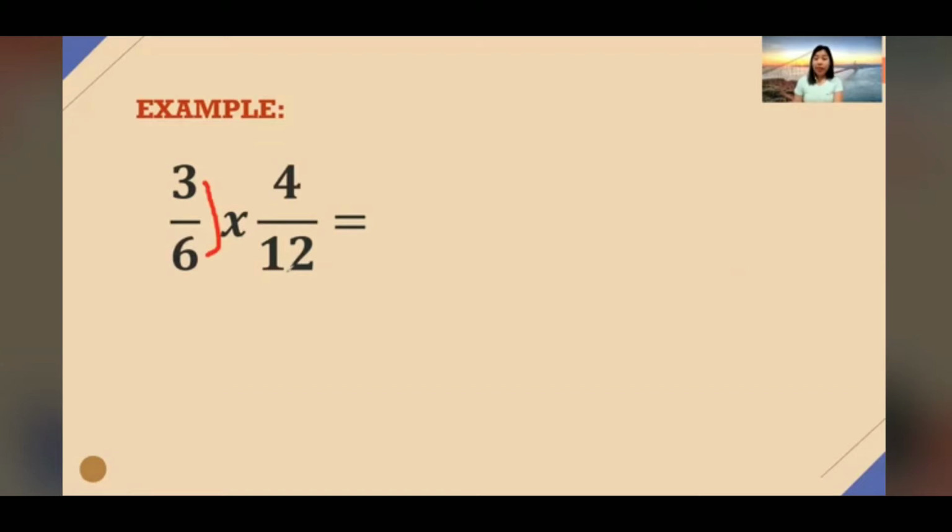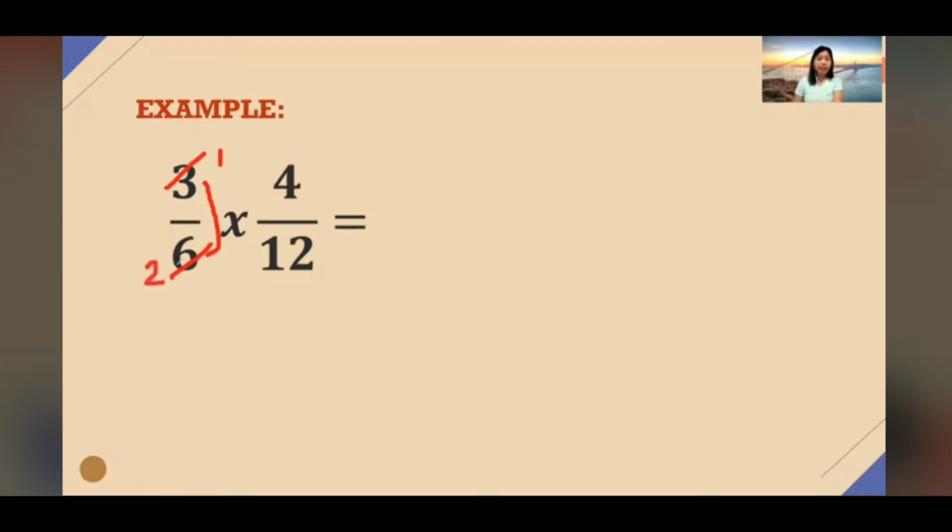So 3 and 6 have common factors. Yes, they have. They are both divisible by 3. So we will divide both the numerator and the denominator by 3. So 3 divided by 3 is 1. And 6 divided by 3 is what? 2.